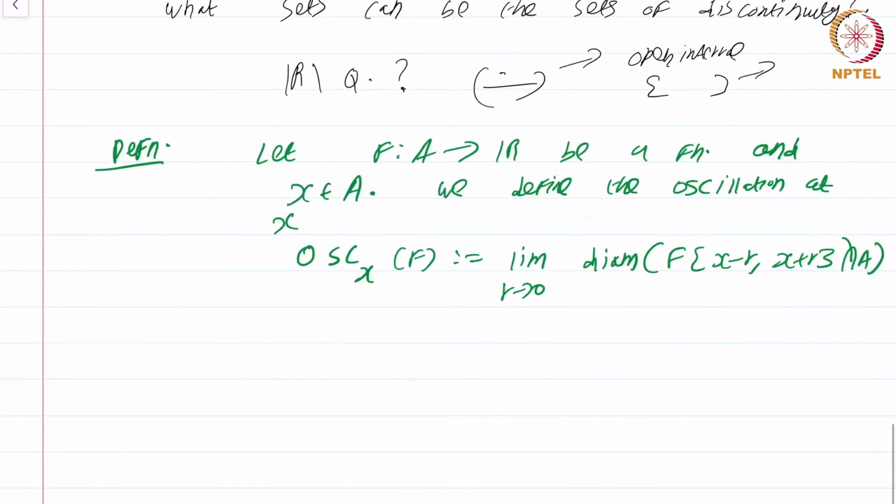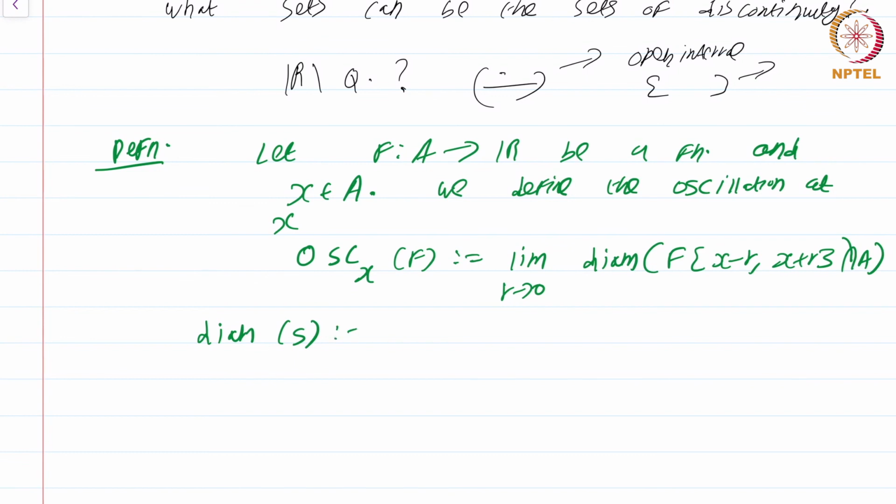Now I must tell you what this diameter is, right? That was not something that we have studied so far. Well, the diameter of a set S is just the largest possible distance between two points of S. How do we capture that?